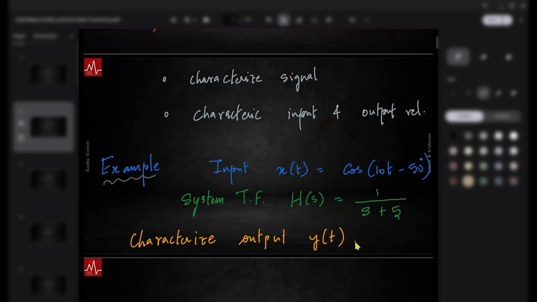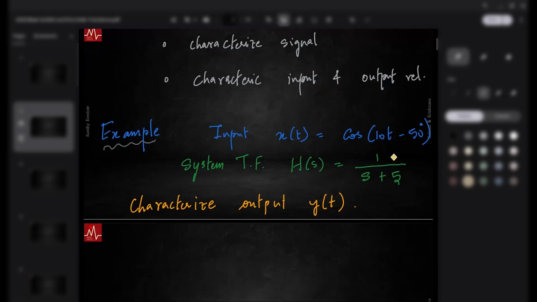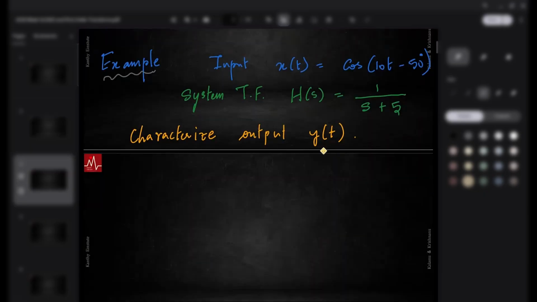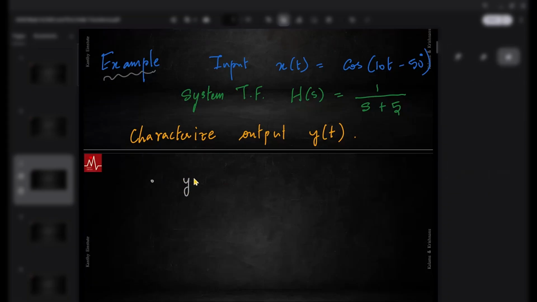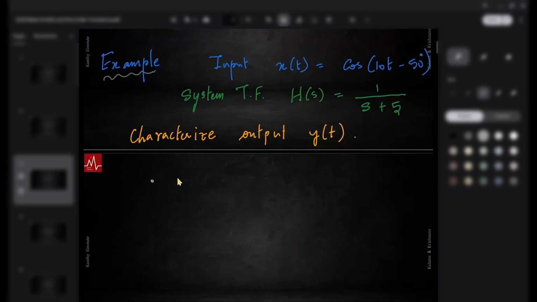Again, before we plug in numbers, can you put this into simple words, like what do you expect of y of t right now? I have 2 specific questions. What do you think of y of t? Describe y of t based on what I have given.